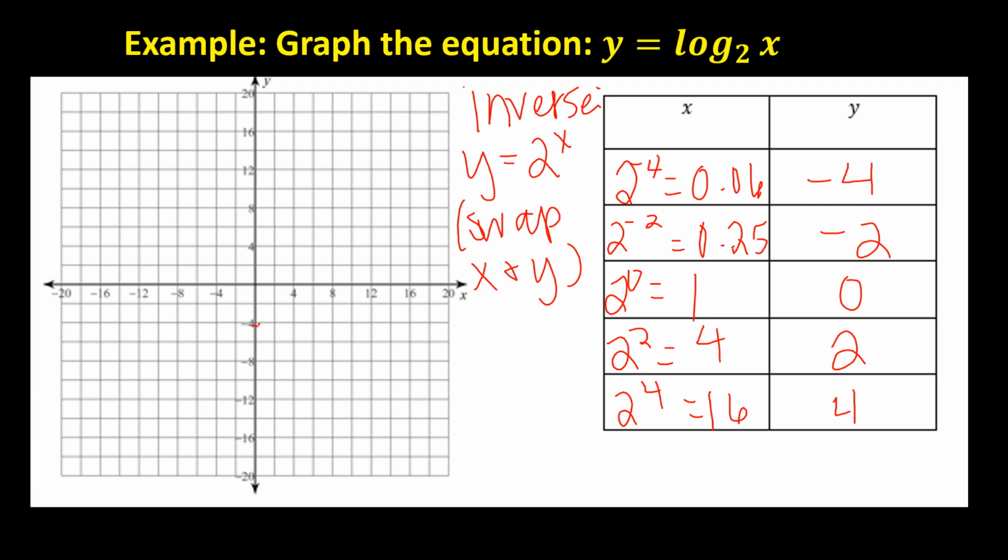So again, just barely moving over, and then at -2. Okay, 1, 0 is a little easier. So we're counting by 2, so we know that's going to be halfway between 0 and 2. Okay, and then 4, 2, so over to 4, up to 2. And then 16, 4, so over to 16, up to 4.